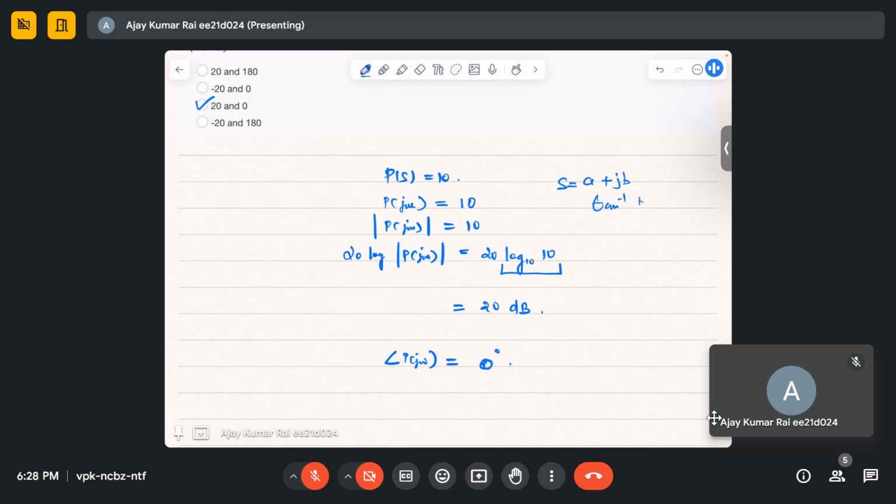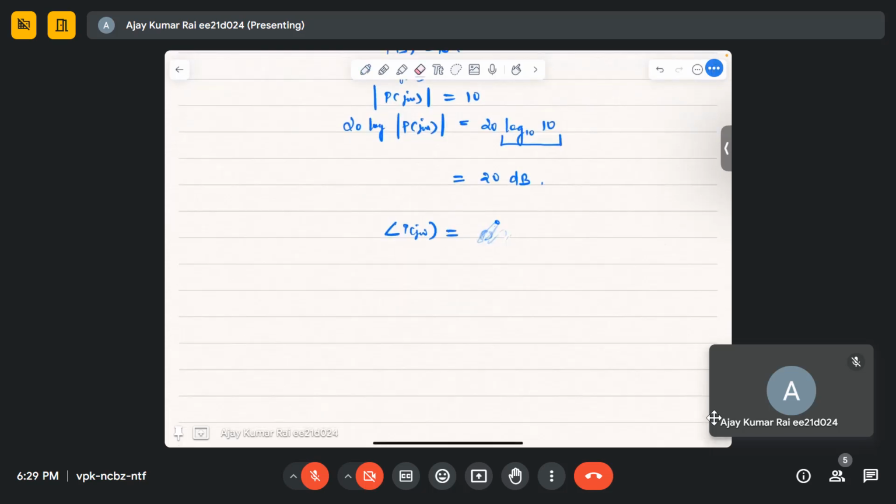How do you find it? b by a, right? Yes sir, understood. Like it is P of s, just a constant we have. Omega is also not there. So b is equal to 0 in this case. It's like tan inverse of 0, that's why it is 0. Imaginary part is not there, so that's why 0 degree.